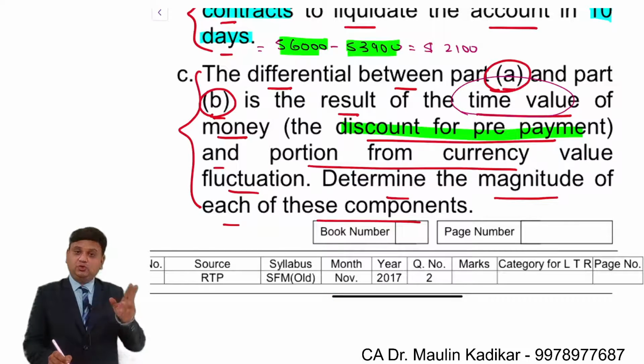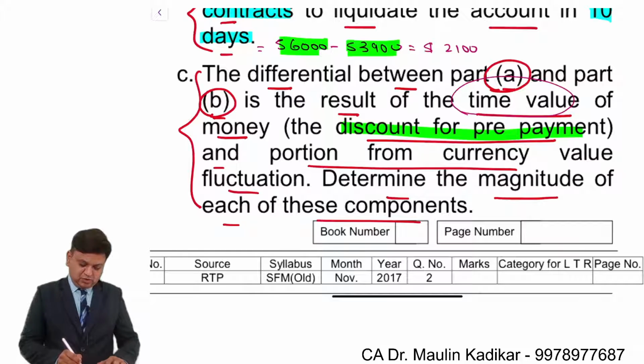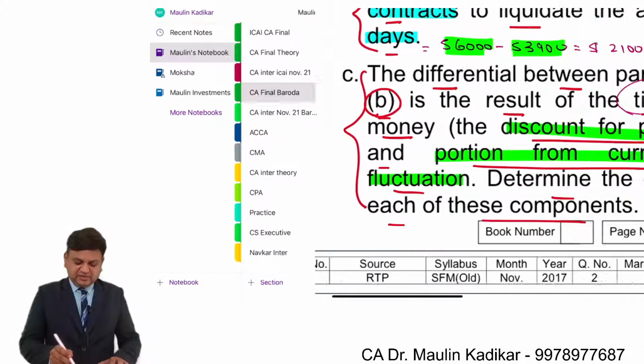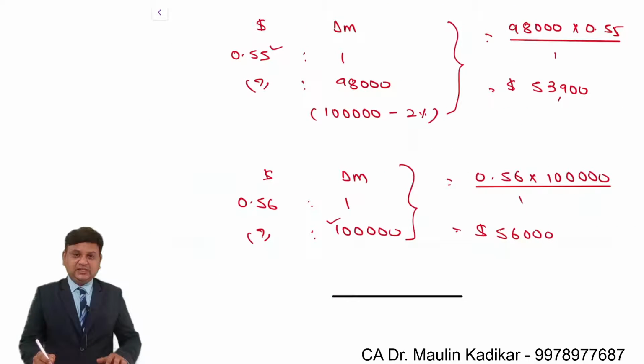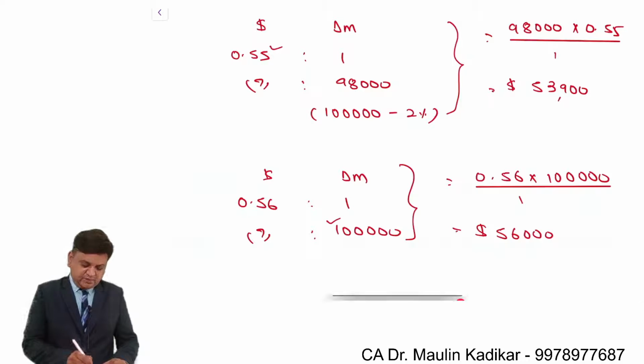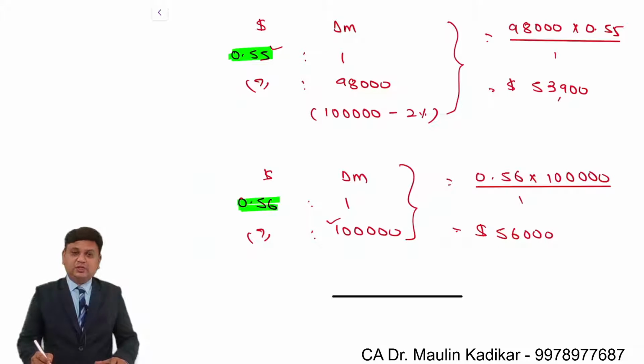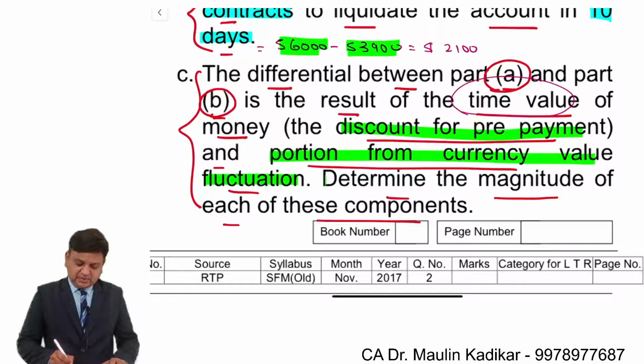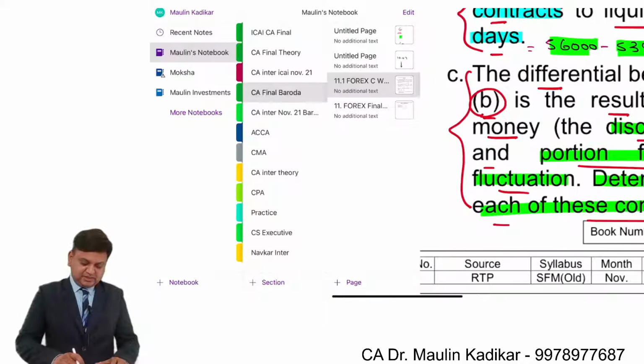It increases due to two reasons. One is that you forgo the advantage of the discount, and second, the portion from the currency value fluctuation. Purchasing the same Dutch mark is becoming expensive for you: instead of 0.55, you have to pay 0.56. So the question says, in the second part, determine the magnitude of each of these components.